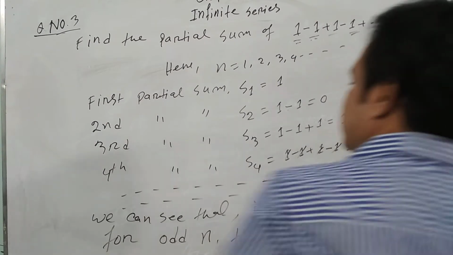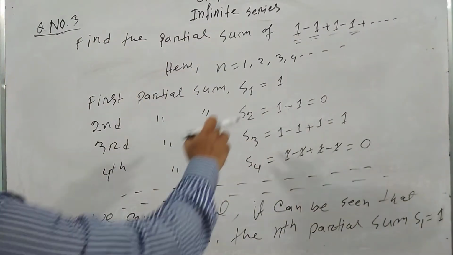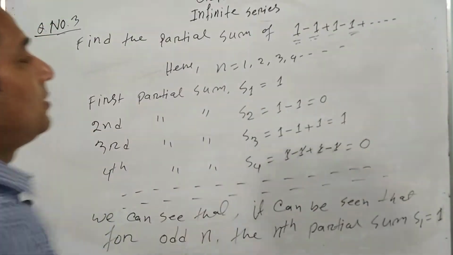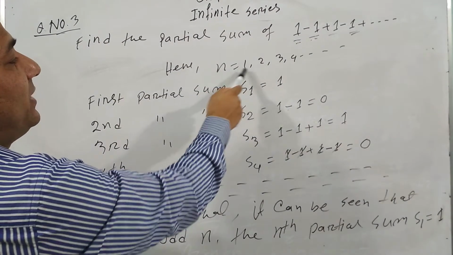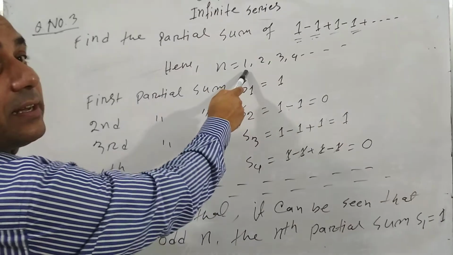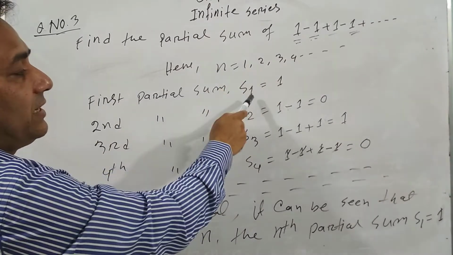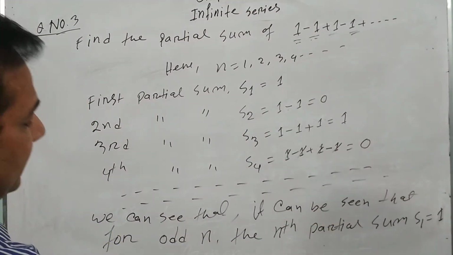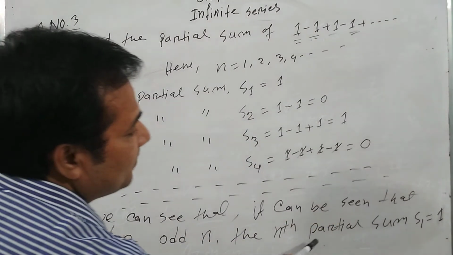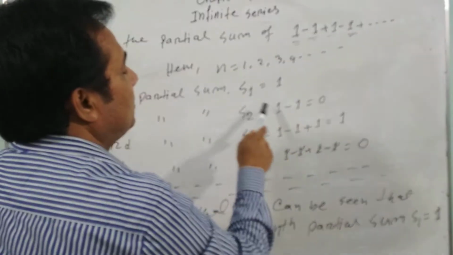Here the value of S1 is 1. When n is a natural odd number, like 1, the nth partial sum equals 1.